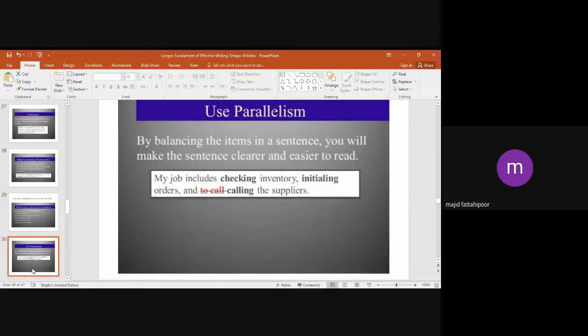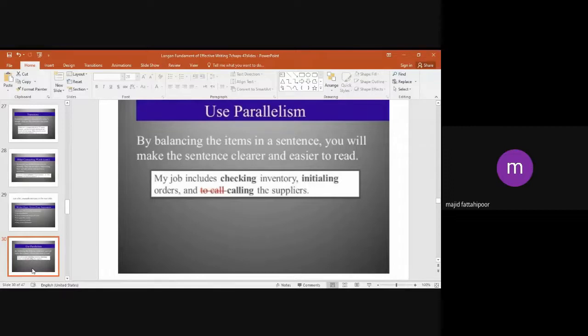Parallelism means balancing the items in the sentence, and you make the sentence clearer. For example, if you want to list a few words, a few actions, if one of them has ing, the others should have ing. I mean, if you use gerund instead of infinitive, you keep consistency.